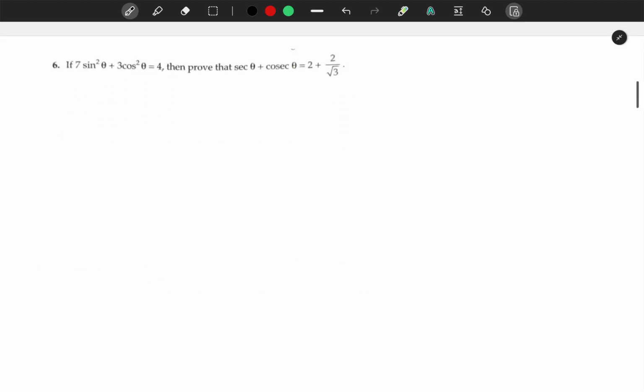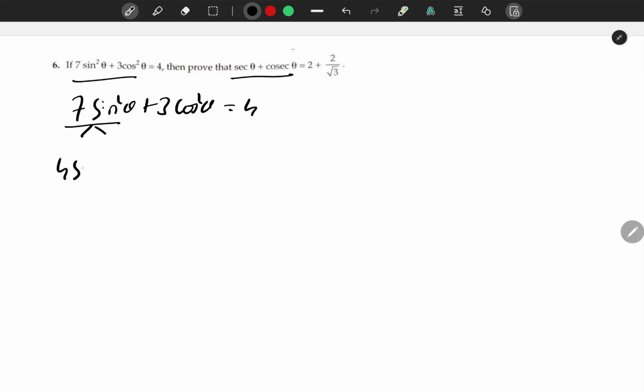So the next question is 7 sin square theta plus 3 cos square theta is equal to 4. We need to show that secant theta plus cosecant theta is equal to 2 plus 2 by root 3. Let us simplify this. Let us split this 7 as 4 sin square theta plus 3 sin square theta plus 3 cos square theta.